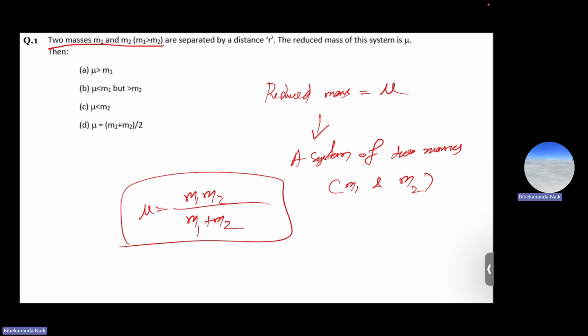Now let's consider our question. In the question it is given that m1 is greater than m2. So let's check whether mu will be greater than m2 or less than m2. We know mu equals m1 m2 divided by m1 plus m2.